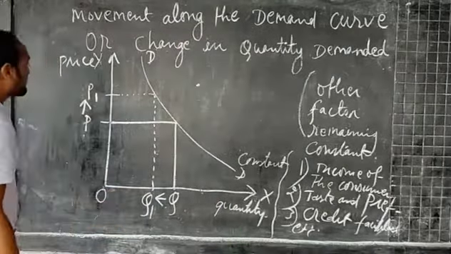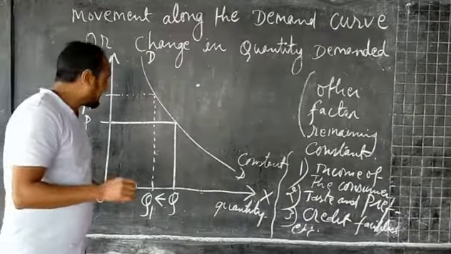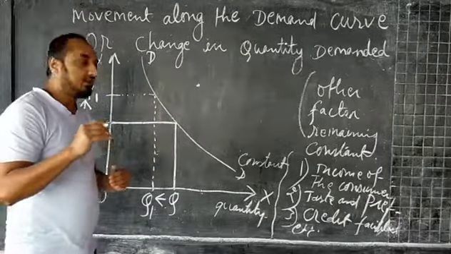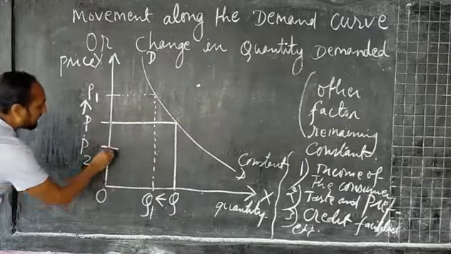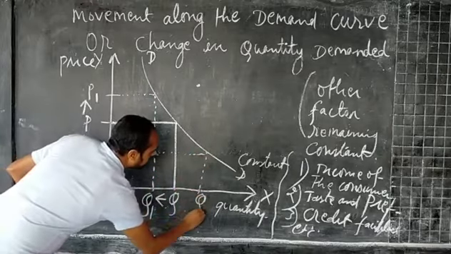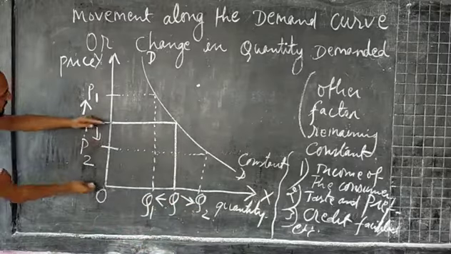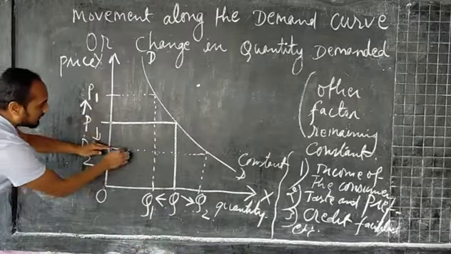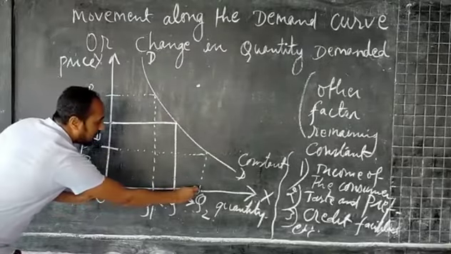Similarly, we can show that if the price of the commodity decreases, then the quantity demanded will increase. Let's consider another price P2. At price P2, the quantity demanded will be Q2. Due to the fall in price from OP to OP2, the quantity demanded increases from OQ to OQ2.